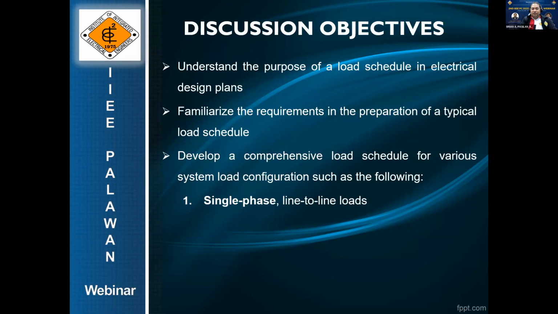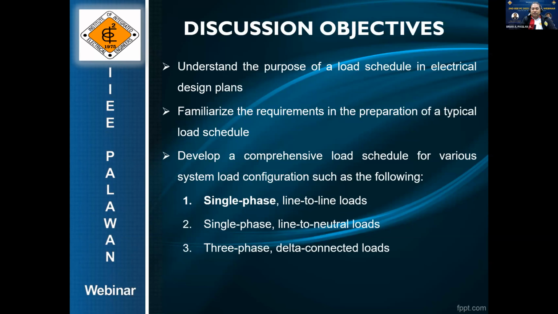So pwedeng single phase line to line loads, line to neutral loads, anong difference ng among these different configurations, no? May mga slight variations lang into the calculations sa iba't ibang load configuration, no?